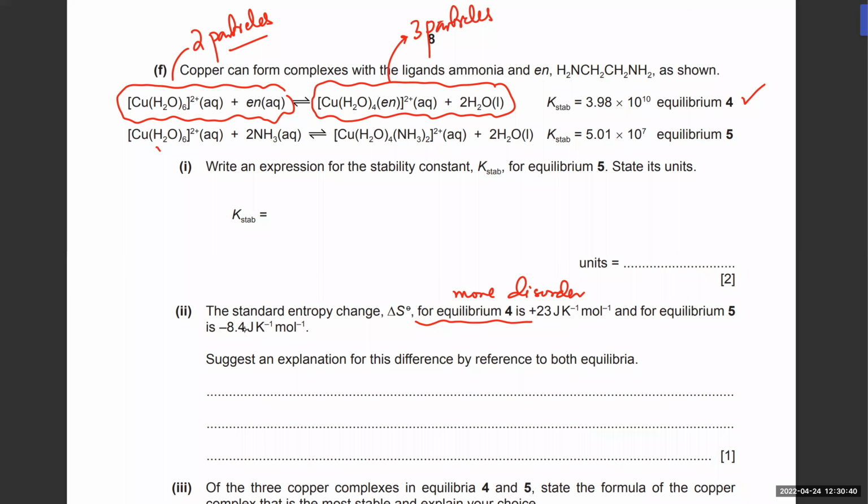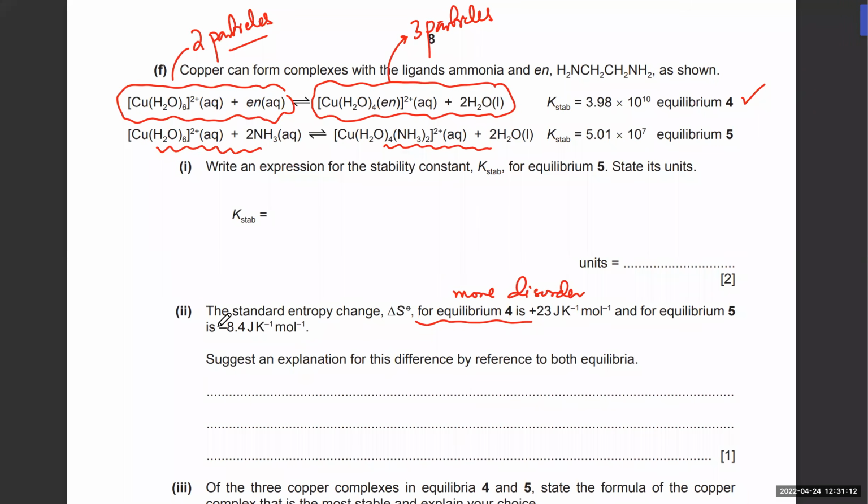So over here, the disorder almost remains the same because you have 3 particles initially, 1 of this and 2 of that, and over here, you have 1 molecule of this and 2 of these. So I think it was a question about relative comparison. In the first one, the disorder is increasing, while the first one has a greater increase in disorder compared to the second one. Okay, is that clear? Yes.